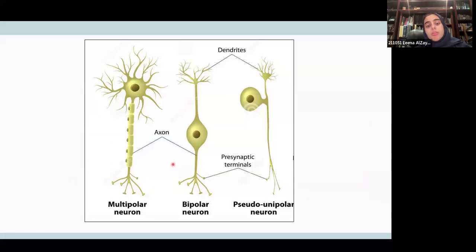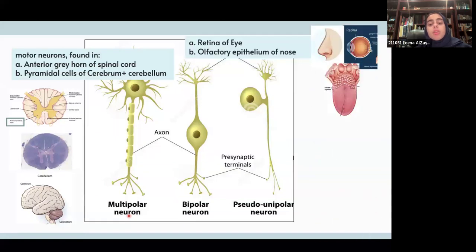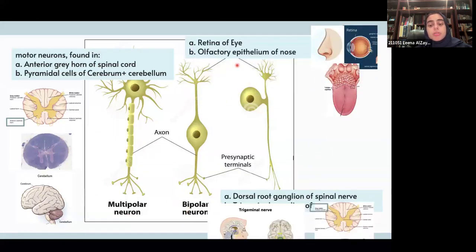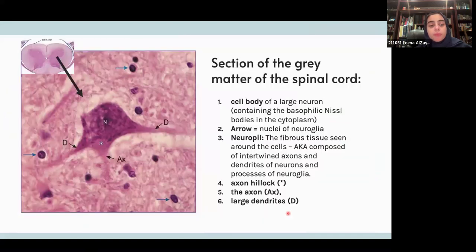And then we said this is kind of a reminder that we have the motor neurons and the multipolar neurons, and that the bipolar is for the special sensations and the pseudo-unipolar is for the sensory. This is a reminder, kind of a section of how it looks when we zoom in the gray matter. We can see the cell body. This is the nucleus. This over here is the start of an axon, and all around is the dendrites.